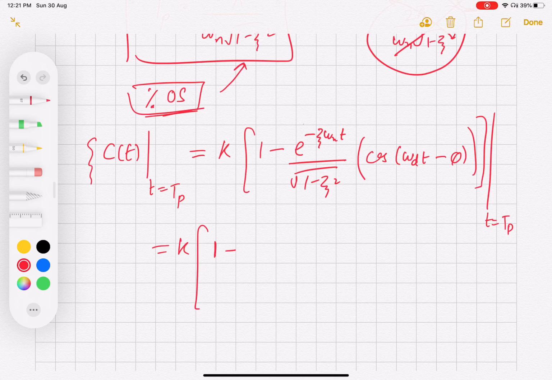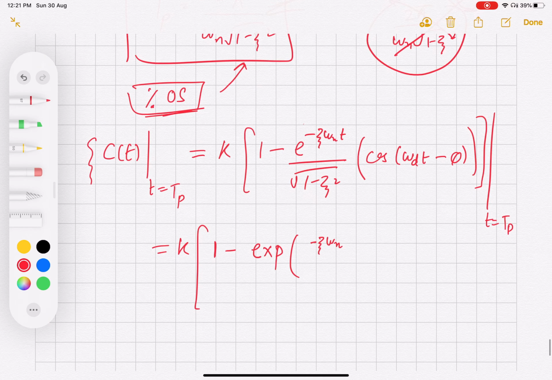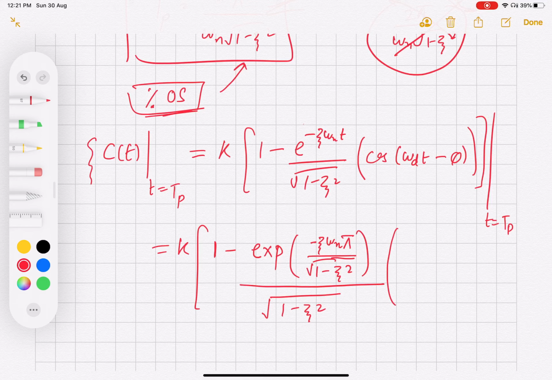We get k times 1 minus, now I'll write this as an exponential, easier for me to write, minus zeta omega n times pi divided by under root of 1 minus zeta square, and this whole thing divided by under root of 1 minus zeta square, and inside I have cos.